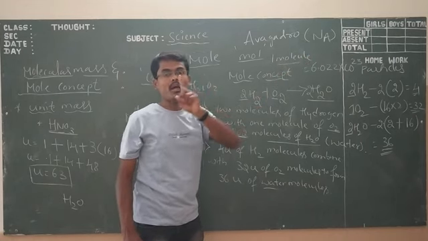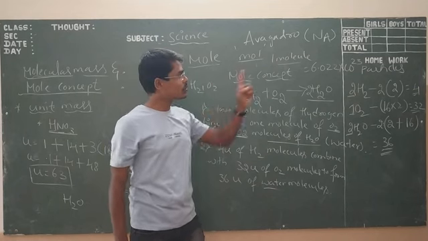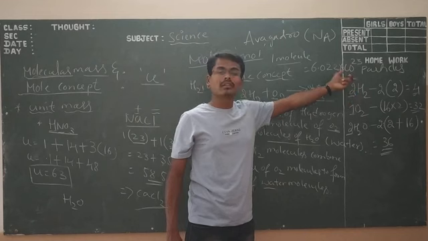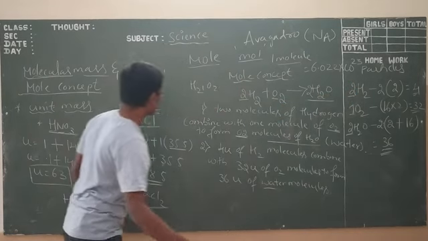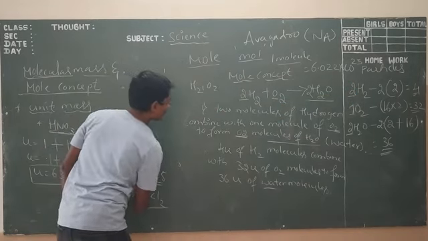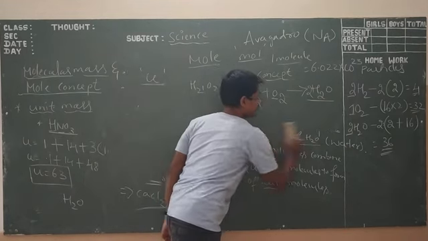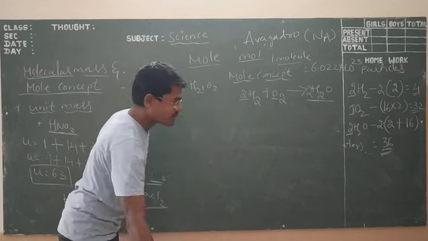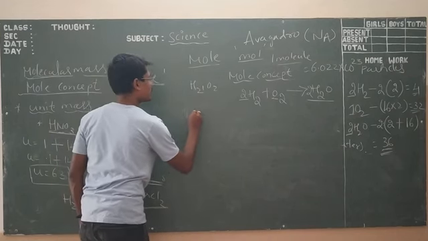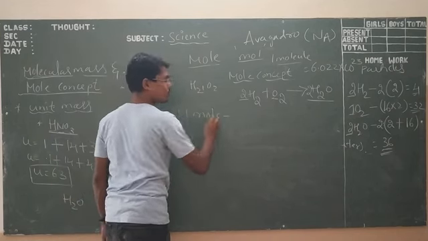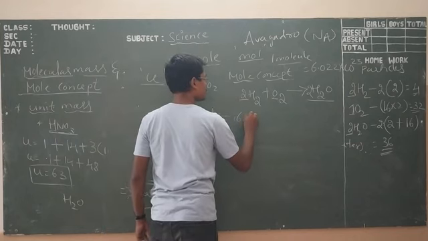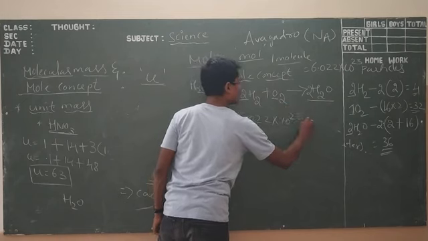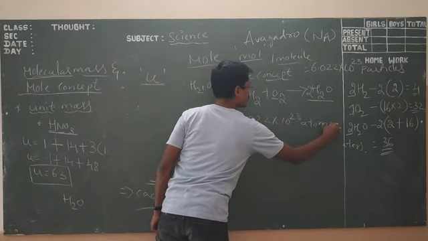Nothing but 1 mole. Now 1 mole equals 6.022 into 10 power 23 atoms or molecules. That is the conclusion: 1 mole equals 6.022 into 10 power 23 atoms or molecules.